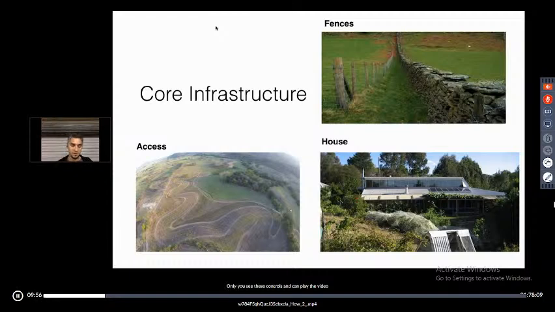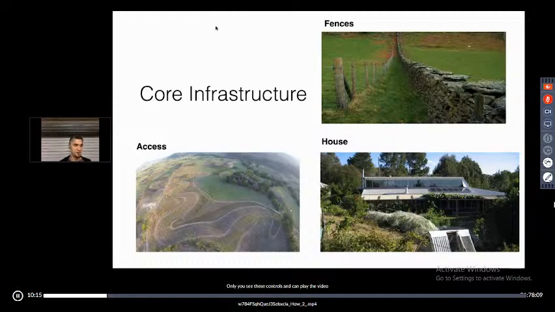So now we are only concerned with the core infrastructure. That means the main positions of the main elements, because if you get these right, that's like 80% of the job, 80% of the saving of the energy, of the money, or of the time.